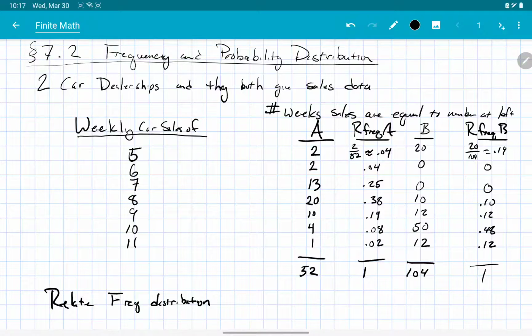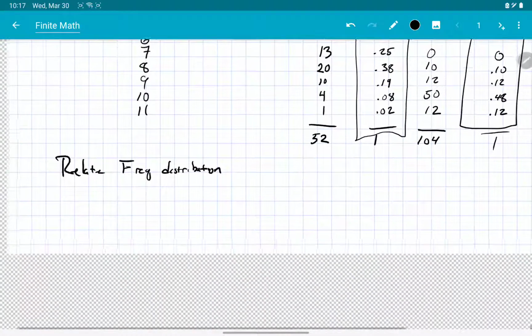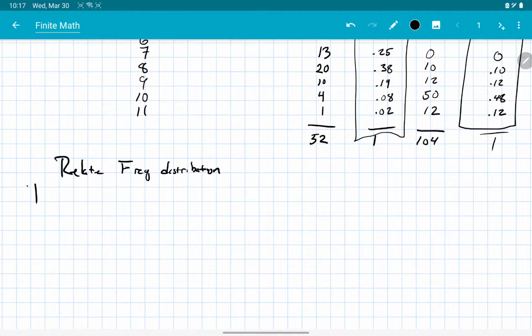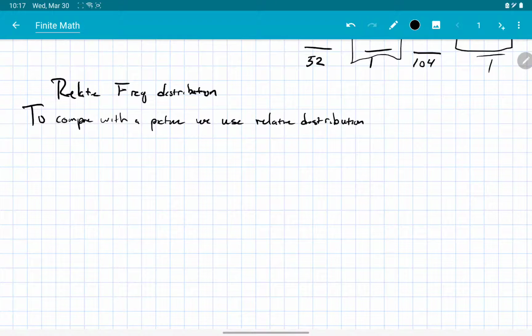Okay, now we could draw histograms with this data for the two dealerships to compare what's going on. So to compare with a picture, we use the relative distribution in order to get both of these on the same scale.